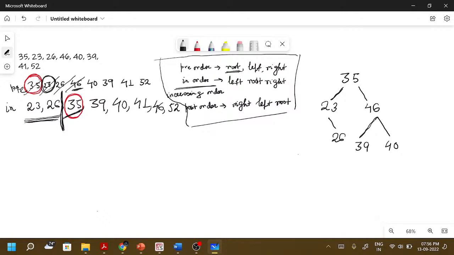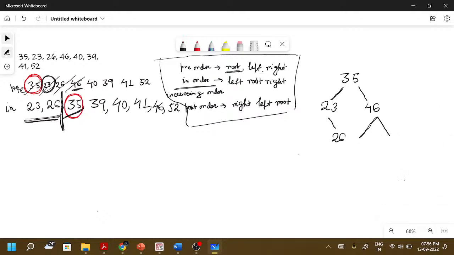So 40 is the next root, right? It shall be left of 46, no, sir? Why? 40 is less than 46. Smaller than 46, yes, correct. 40 should be left. Just let me think once.